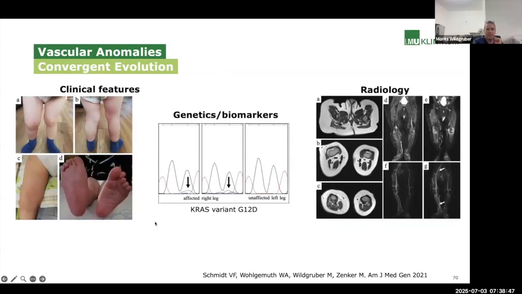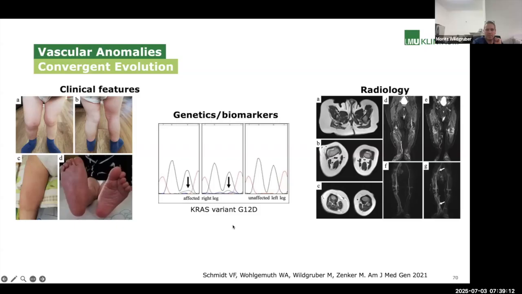We learned that genetics are getting more and more important in these diseases, but we're just about to learn about this. So this is a small boy with an AVM in the leg, see it here on the lower right-hand image. And that was a kind of strange syndrome. You saw the right foot is bigger than the other one. There's also a little bit of capillary malformation.